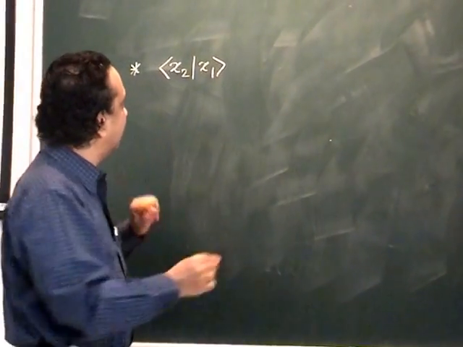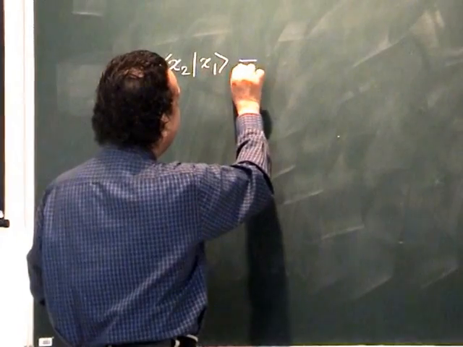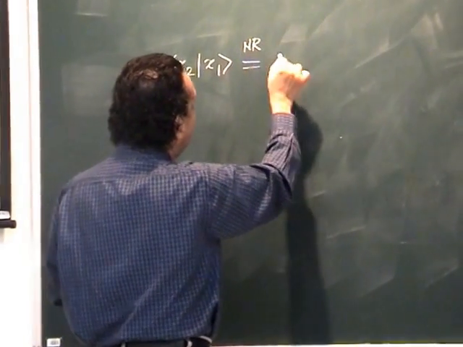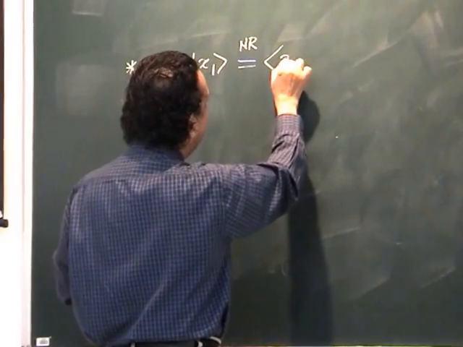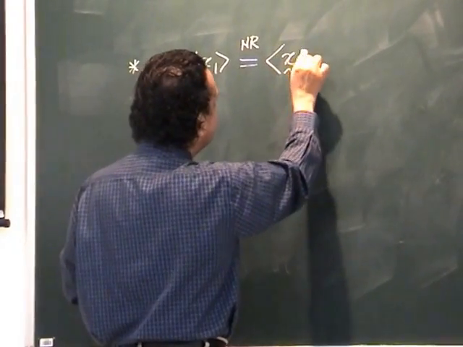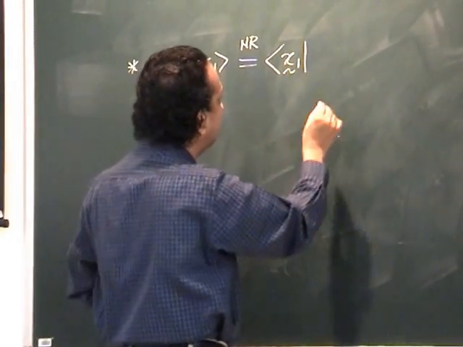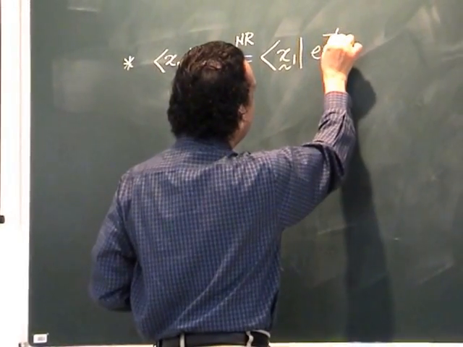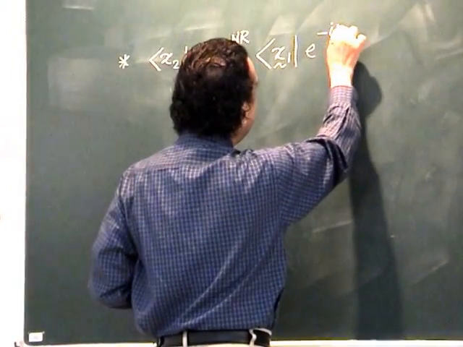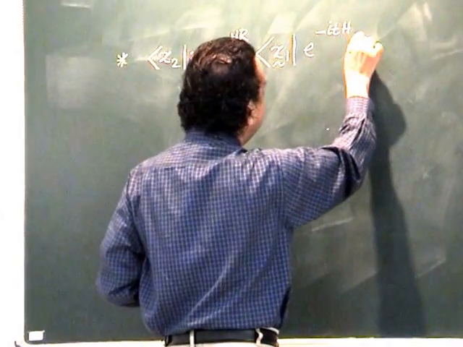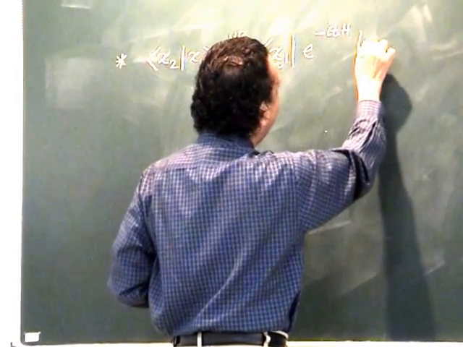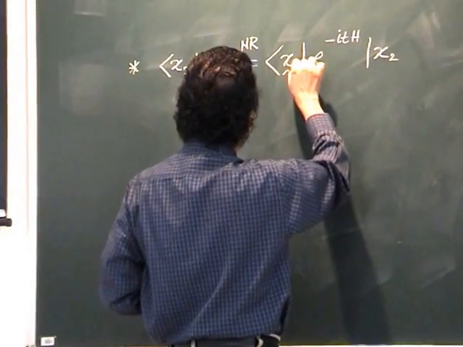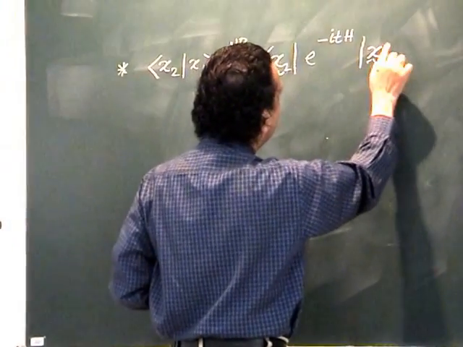In non-relativistic point mechanics, we demonstrated that this could be written as ⟨x2|e^(-itH)|x1⟩, where x is vectorial, the |p=0⟩ is an eigenstate of the position operator, and the Hamiltonian is just p²/2m.